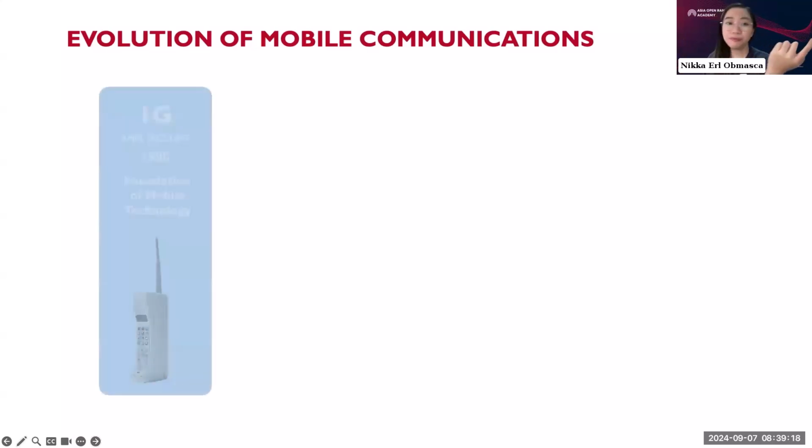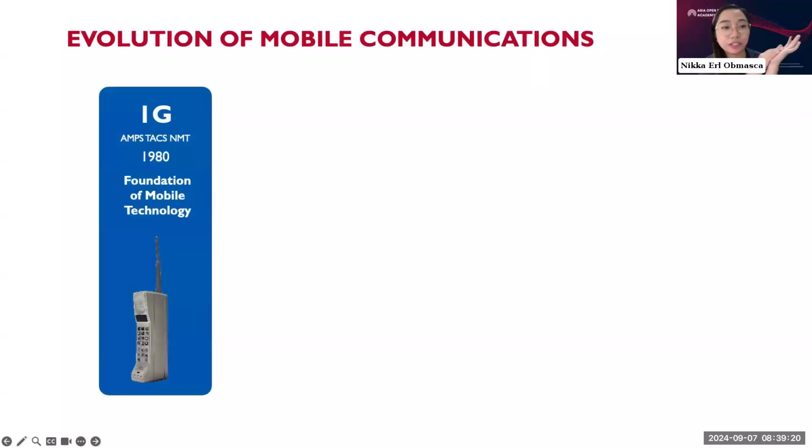So before, we have what we call the first generation mobile phone technology. So these kinds of technology uses analog signals to enable voice calling. So voice calling pa lang yung pwede nun.